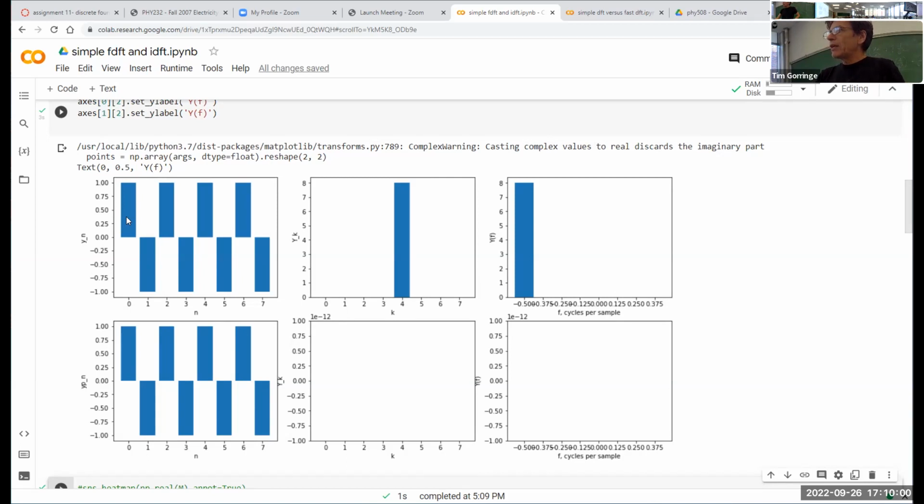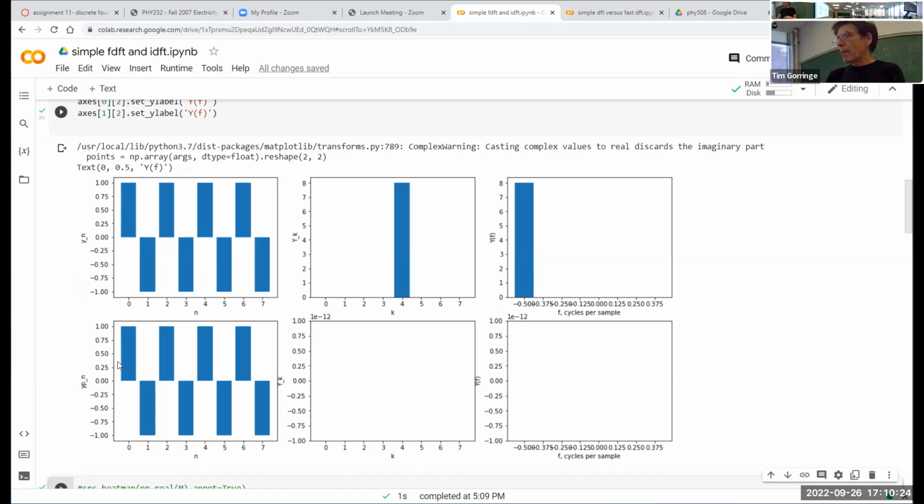On this plot, in the top left corner, this is the original signal. This is the time domain signal, so I label it Y subscript N. And if you remember, it went 1, -1, 1, -1, 1, -1, so I got a little bar chart of that.